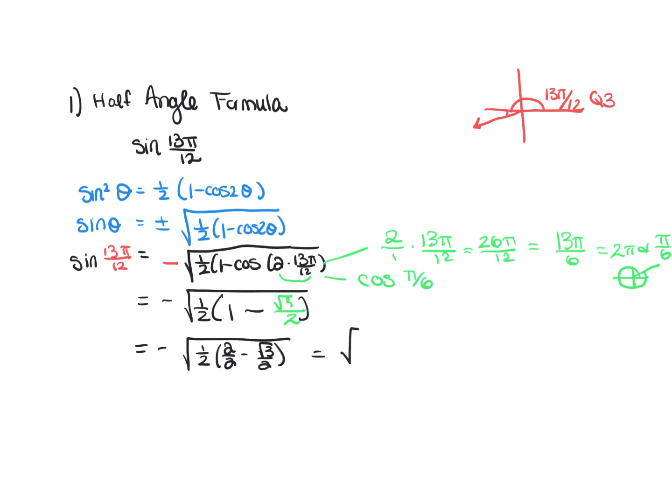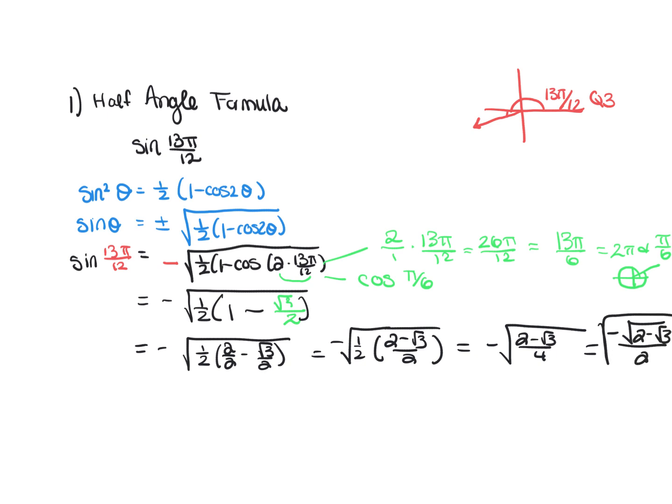So that gets me a negative root of 1/2 times 2 minus root 3 all over 2. Distribute the 1/2 in, so negative root of 2 minus root 3 over 4. And then we can take the square root of the top and the bottom of the fraction separately. So I get negative square root of 2 minus root 3. Square root of 4 is 2. So that is my answer.